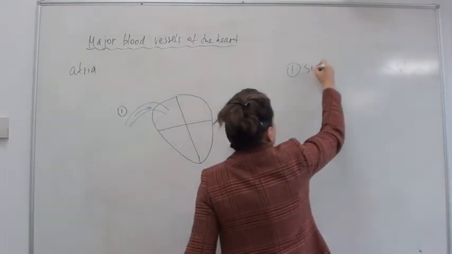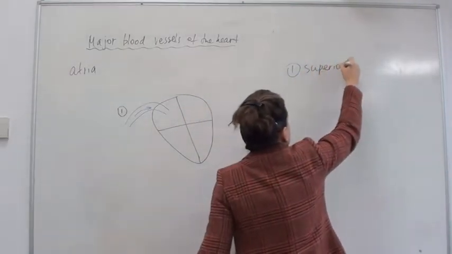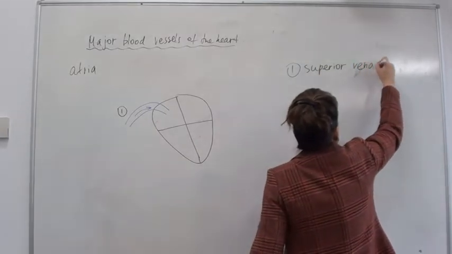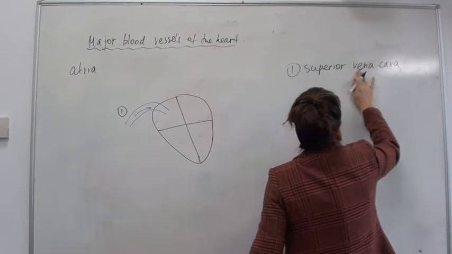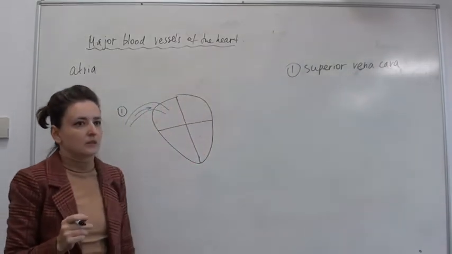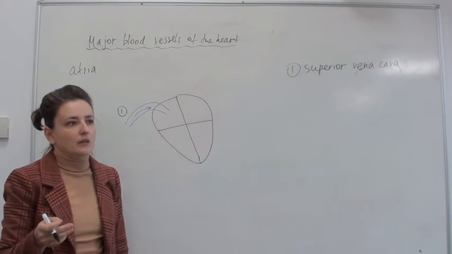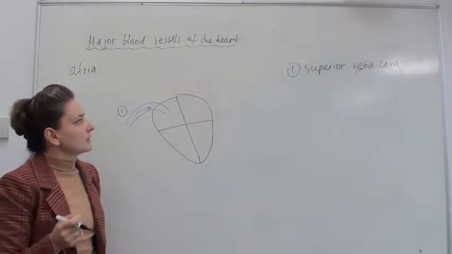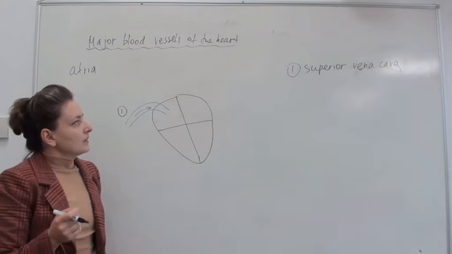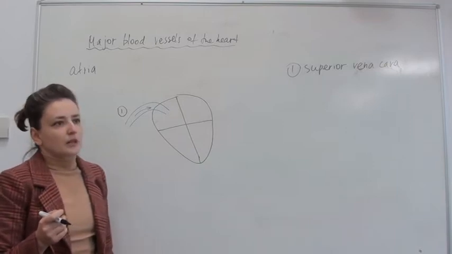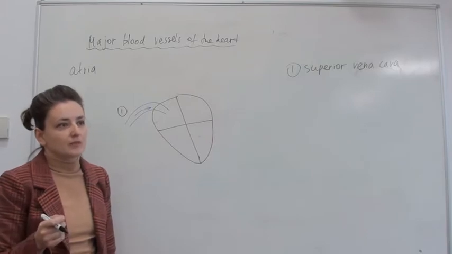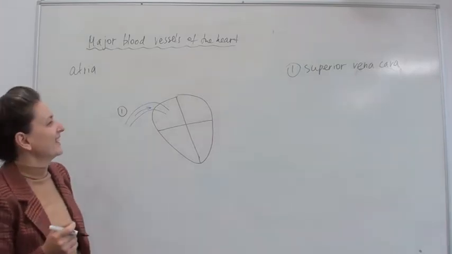It's called superior vena cava. Superior vena cava, or some people say cava, depends on how you want to pronounce it. Superior vena cava. Right, vena because it's like vein. Cava, I don't know. Think about champagne. That's what I think about usually.